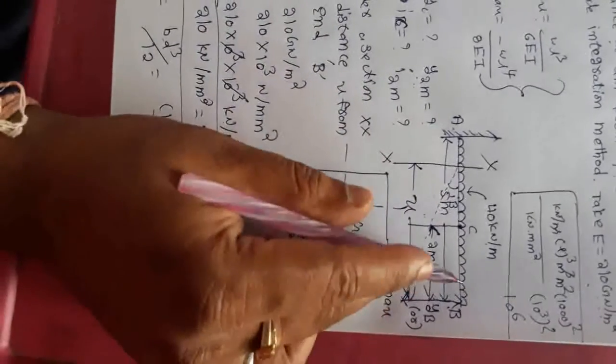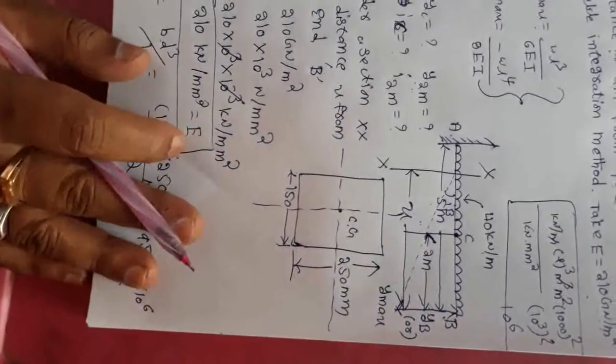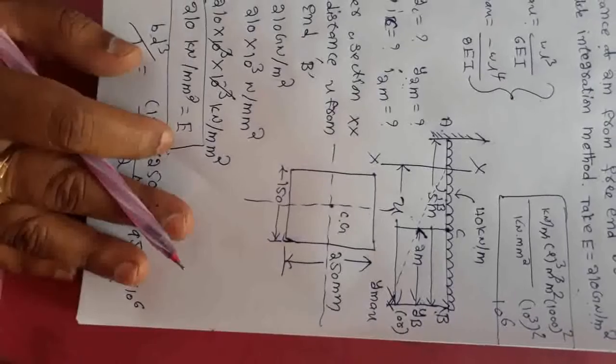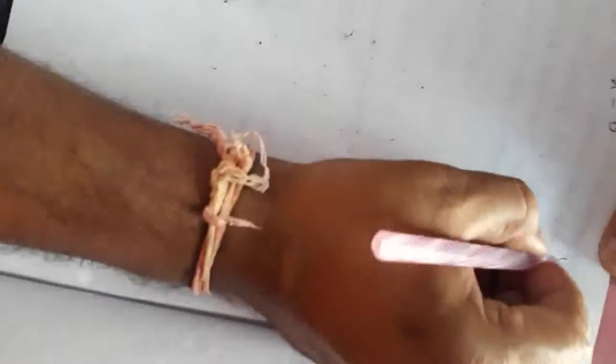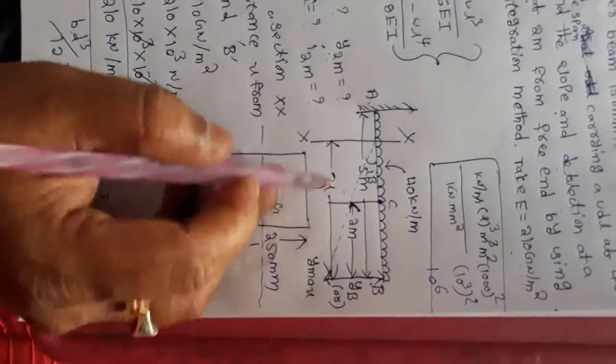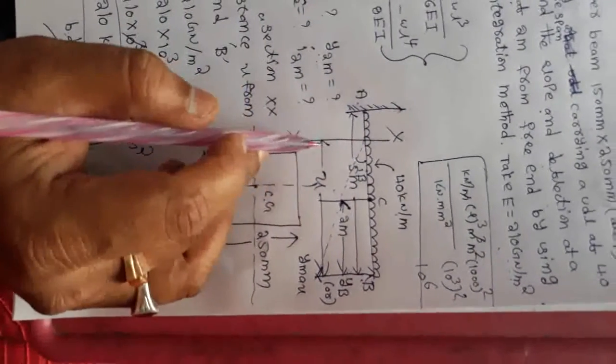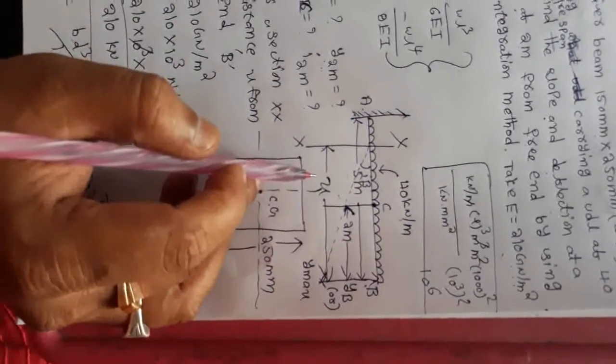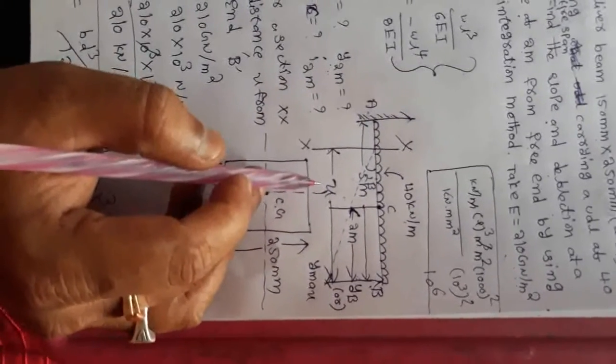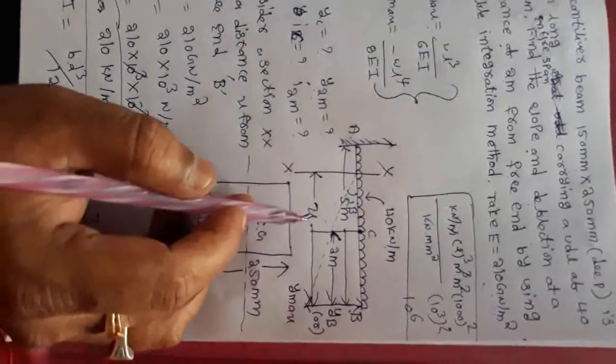There is only one UDL, and the UDL moment formula is WL into L by 2, which is nothing but WL square by 2. Here L is the point where maximum deflection occurs, that is x dash x, so this is assumed as x. So instead of L you can substitute this x distance.